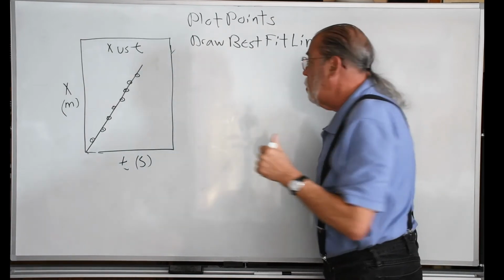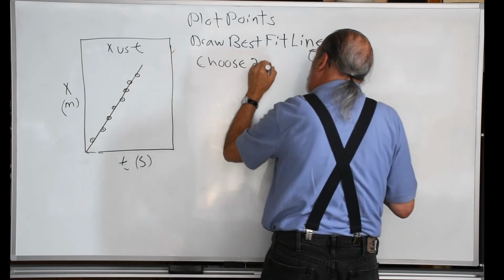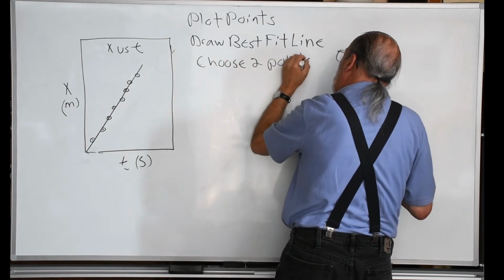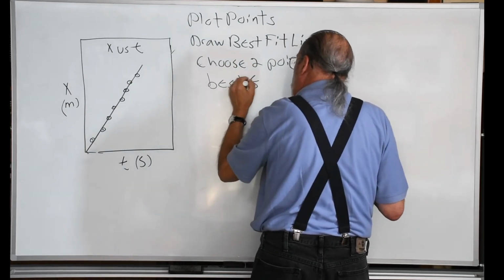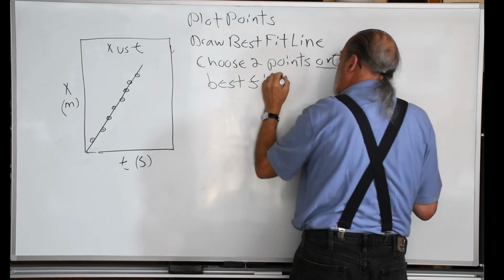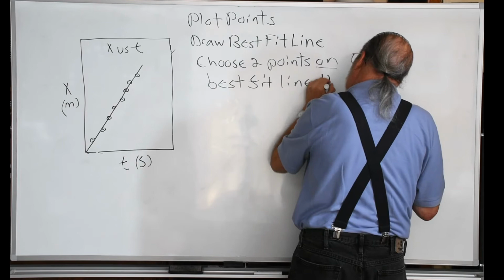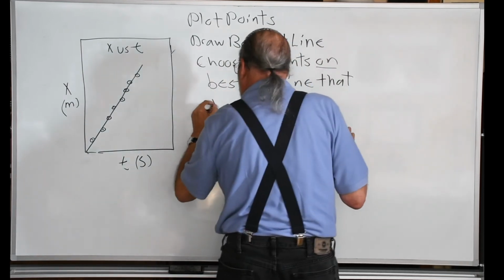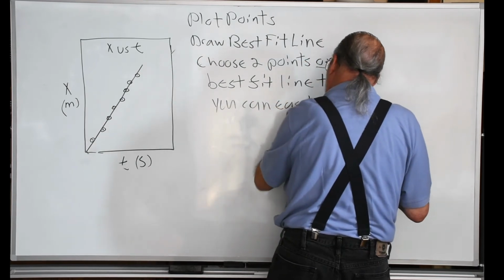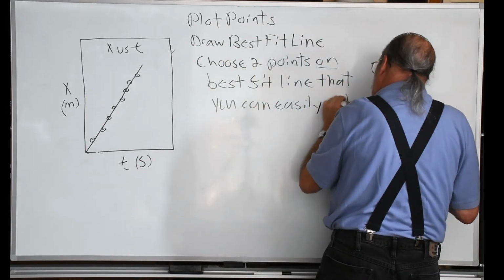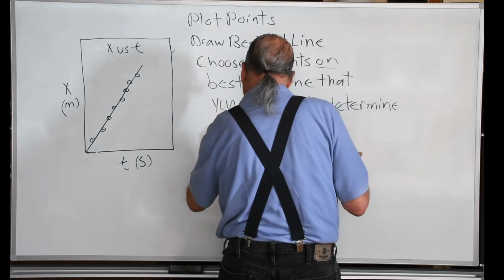You must choose 2 points on the best fit line, these must be on the best fit line, that you can easily determine the coordinates for. Now they shouldn't be too close together.